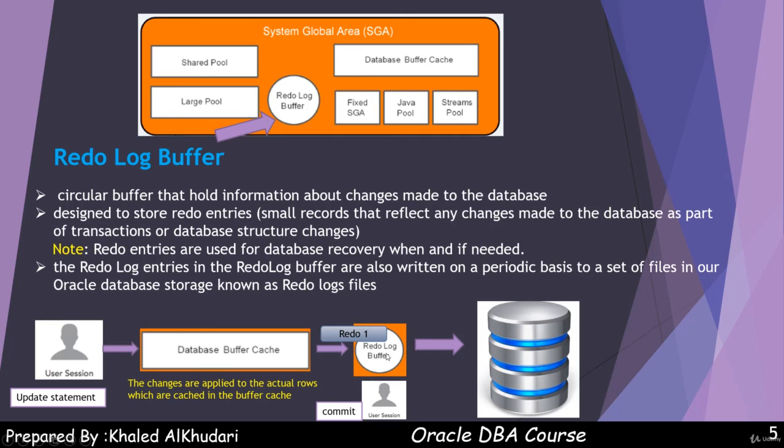So writing the changes from the redo log buffer will be faster, because the database buffer cache contains a huge amount of information and it is very busy. So it is for performance.